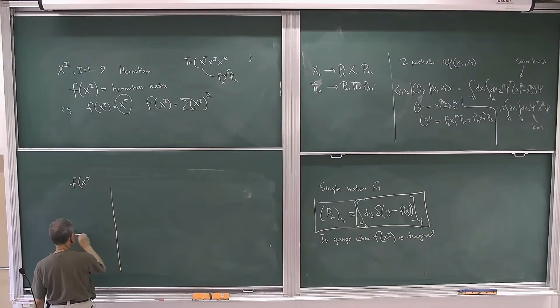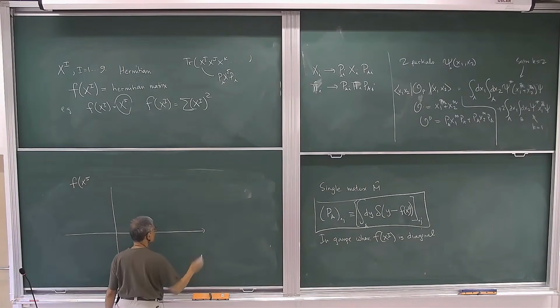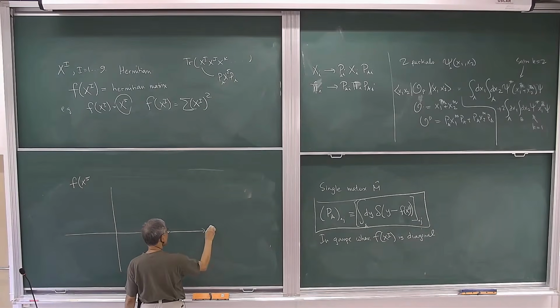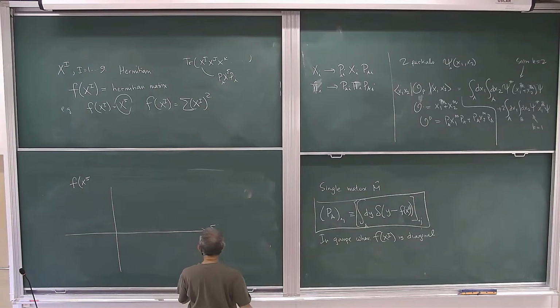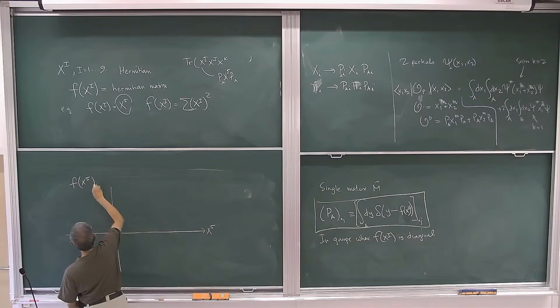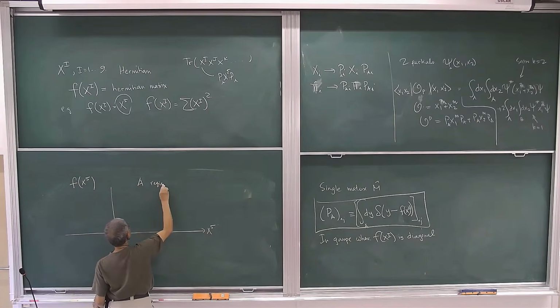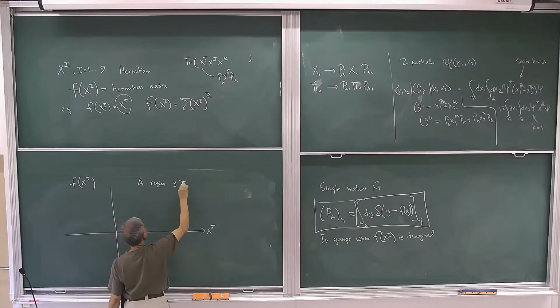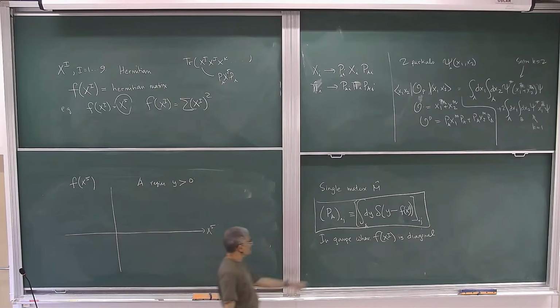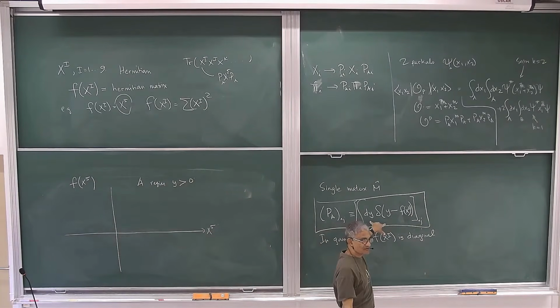It's a kind of auxiliary picture, and let me take that interval E to be the region y greater than 0. Y is that thing which is integrated over. Okay, so what is this going to do?